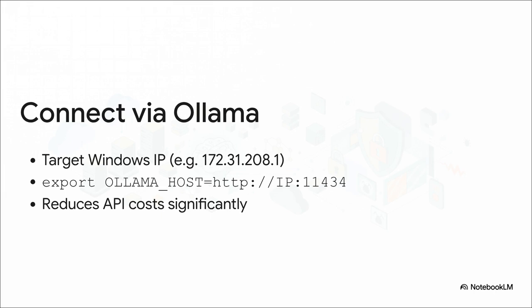Since Ollama natively uses your GPU way better on Windows than it does inside WSL, you want to run Ollama on Windows and then route your WSL environment directly to it. You just use the command export OLLAMA_HOST and point it to your Windows host IP, which is usually something like 172.31.208.1 on port 11434. I'm telling you, this single line of code is an absolute game changer for your wallet.